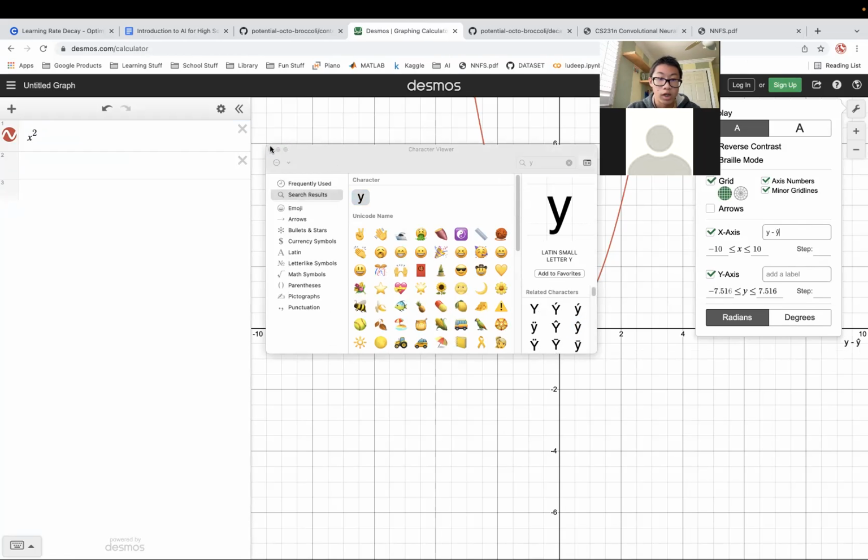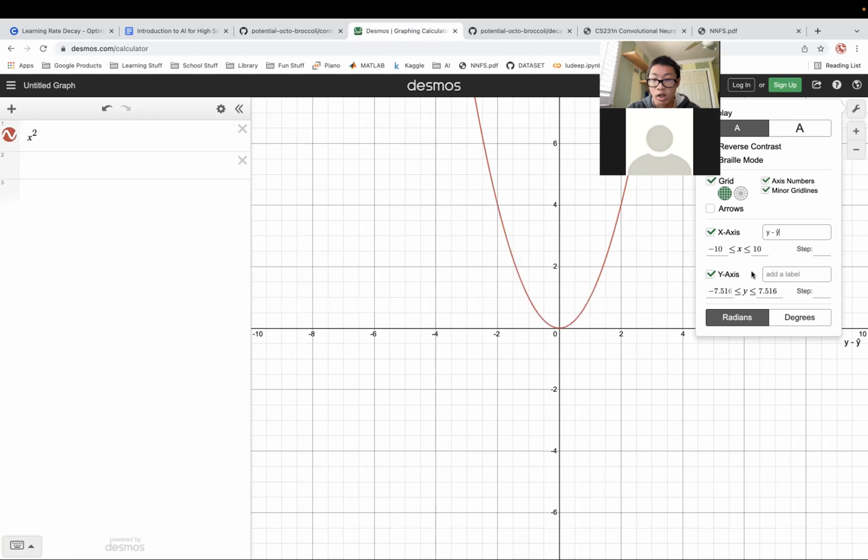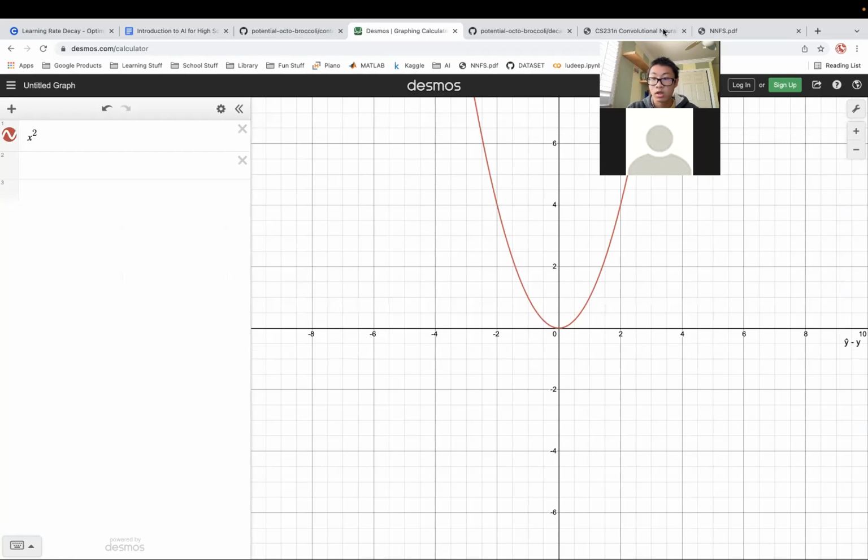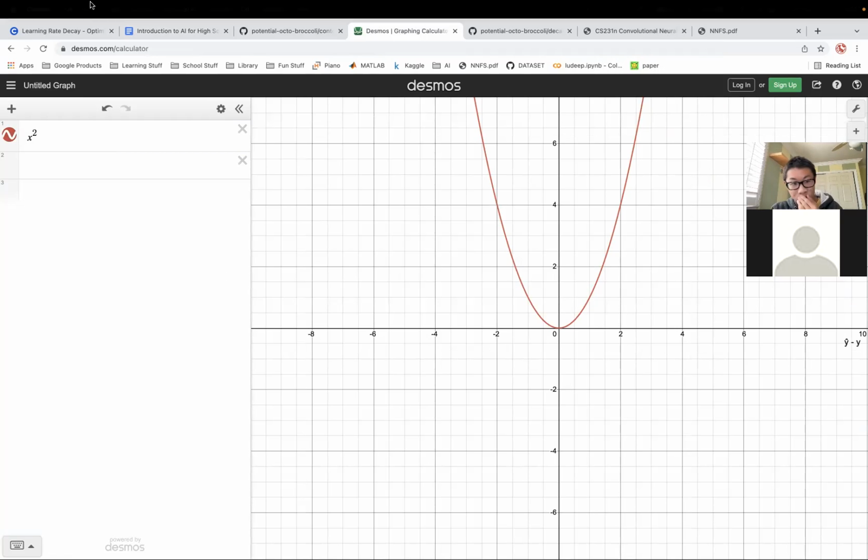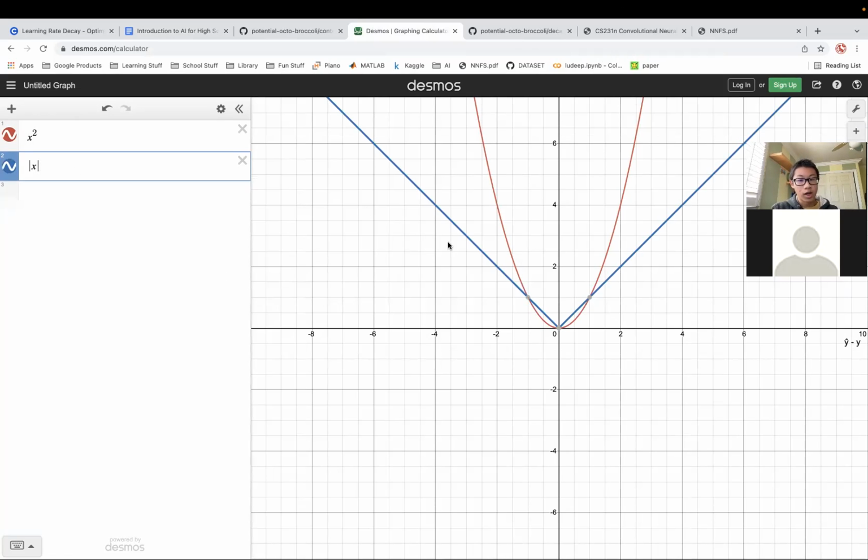Actually, y hat minus y, I did it in the wrong order. Predicted minus actual, yes. And for the MAE, we have the absolute value.